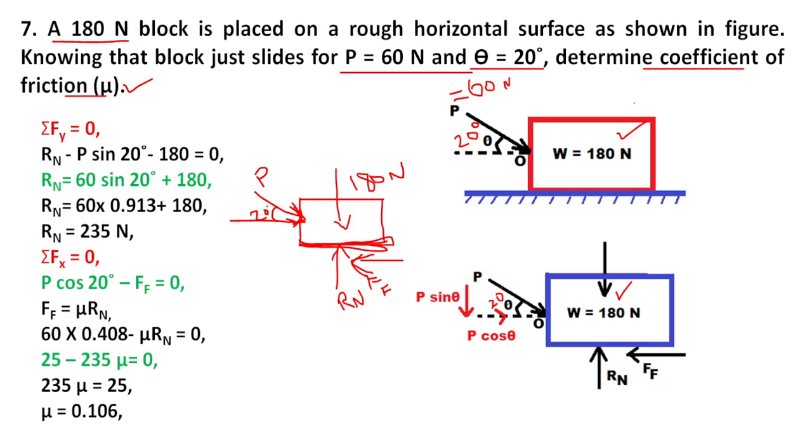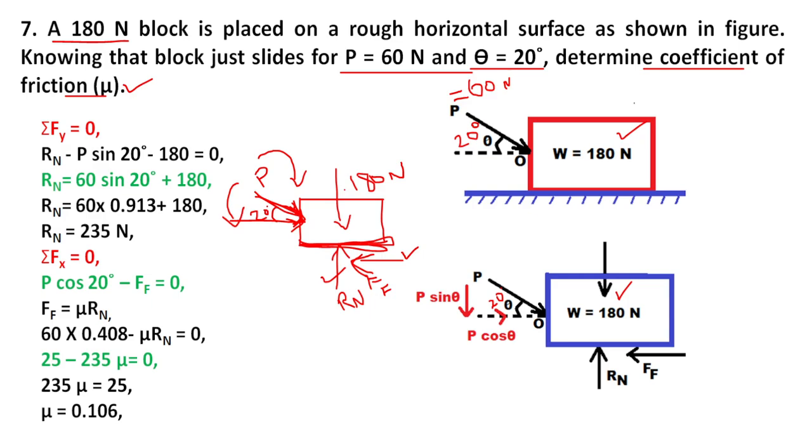This force is perpendicular, vertical to the block. This Rn is also vertical to the block. This FF is horizontal, parallel to the block. This one is inclined to the block, so we want to convert it into parallel and vertical directions. This force acts in the clockwise direction, and the reaction force acts in the anti-clockwise direction.